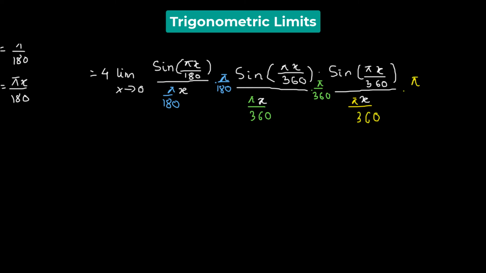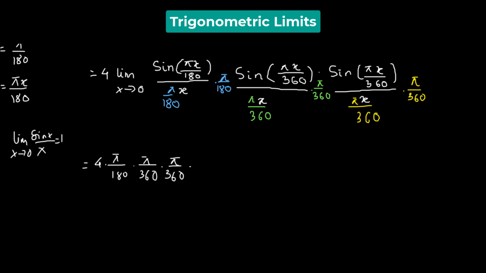So that means we have to multiply the entire function with pi over 360. Now we multiply all the constants. So we have 4 times pi over 180 times pi over 360 times pi over 360. And the limiting value of each of the functions is going to be 1, because we are using the definition here that limit x tending to 0 sine x over x is equal to 1.